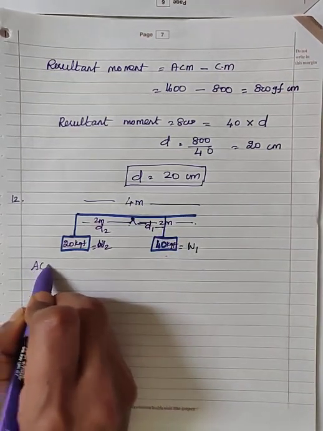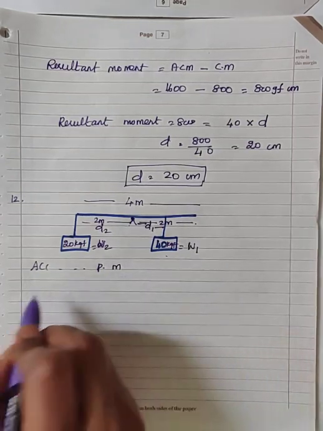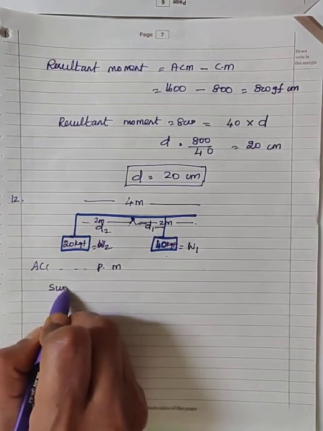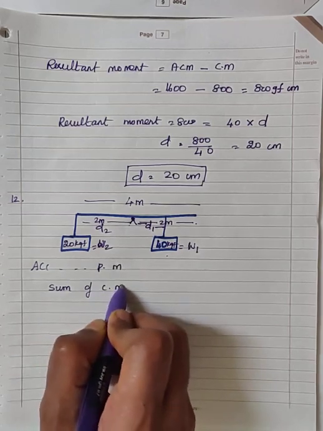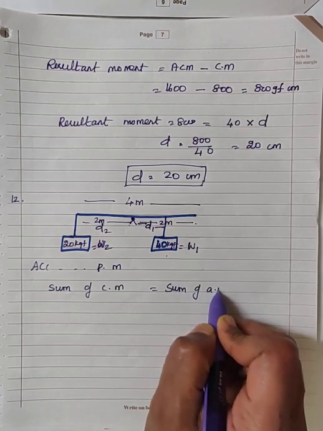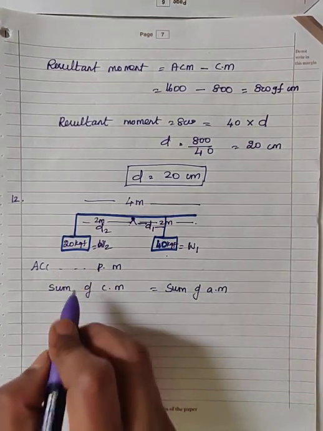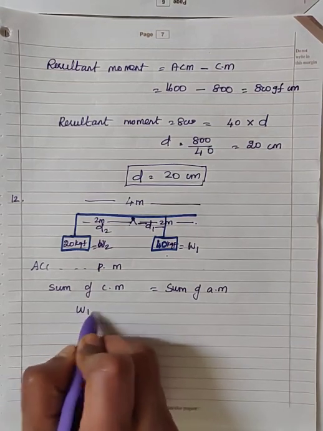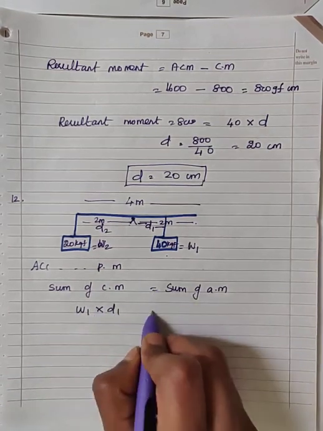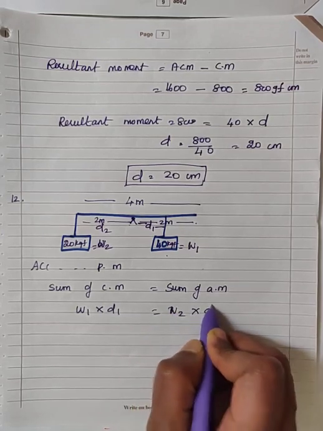You have to write according to the principle of moments: W1 will produce the clockwise moment. Sum of clockwise moment is equal to sum of anti-clockwise moment. Anti-clockwise moment is produced by the 20 kilogram force. So clockwise moment is equal to W1 into D1, and anti-clockwise moment is W2 into D2.